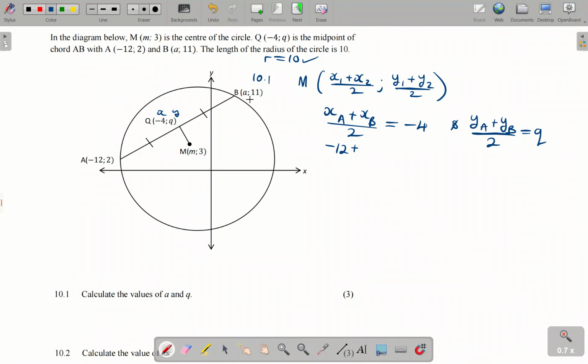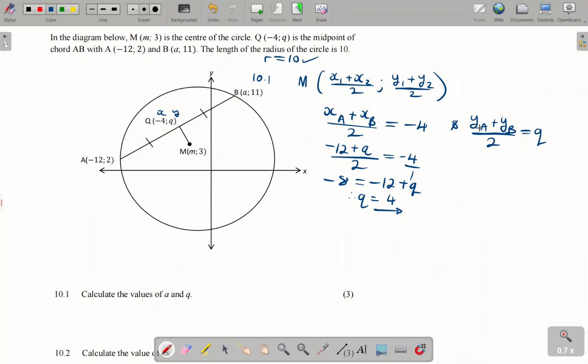What is XB? XB is A, so A all over 2 is equal to negative 4. Now when we solve this, do the cross multiplication. 2 times negative 4, that's negative 8, is equal to negative 12 plus A. So therefore A will be, you take this to the left, negative 8 plus 12, so you have 4 as your value there for A.